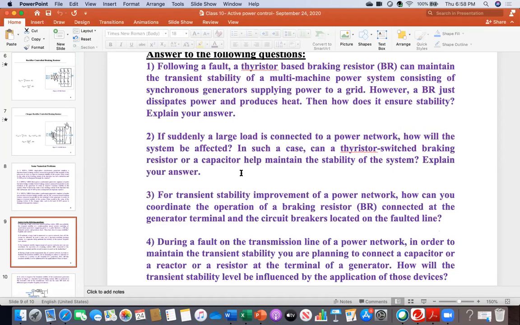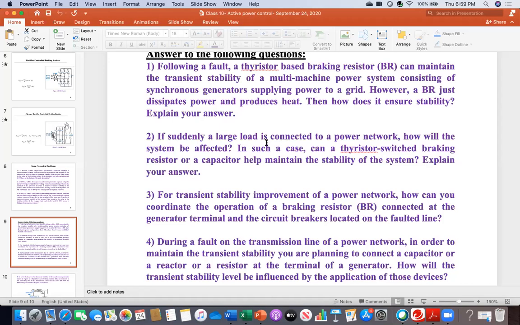So Manoj, you answered something else. What did you say a capacitor can do? It will give reactive power support. What does injecting reactive power do? Capacitor injection means you are improving the power factor, and improving the power factor means you are bringing back the voltage.